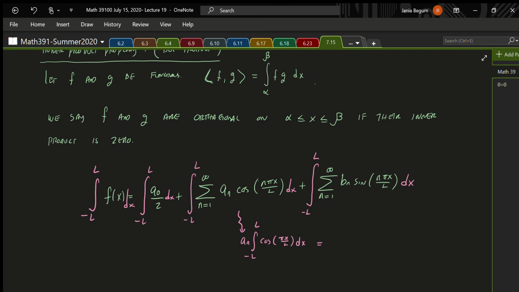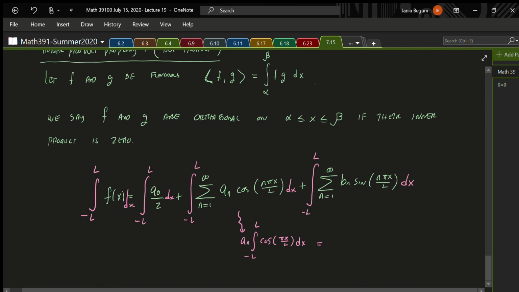Do you guys know what this integral is? What's the integral of cosine? Sine, right? So even if you don't remember by memory, you can go ahead and integrate. I'll show you this one, and then the second one I'll just generalize it. So leave the an alone.